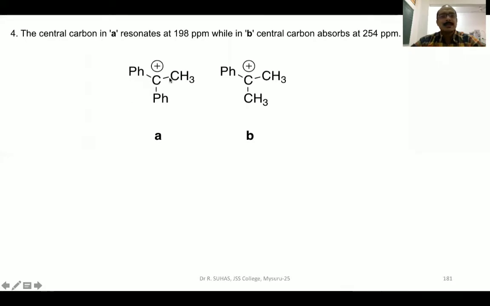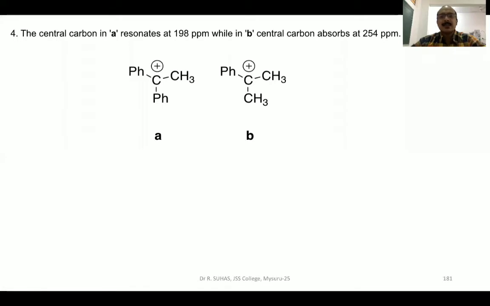This is the methyl diphenyl methane carbocation, and this is the dimethyl phenyl methane carbocation. Here the A carbocation resonates at 198 ppm, whereas the B carbocation resonates at 254 ppm in the carbon spectrum, and he's asking what is the reason for this.